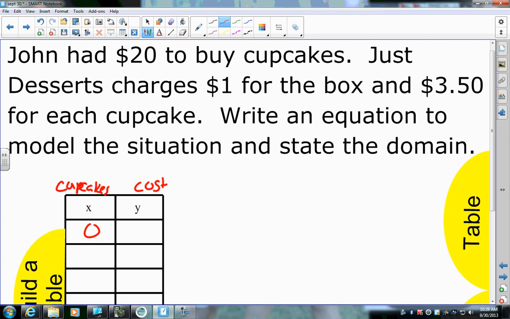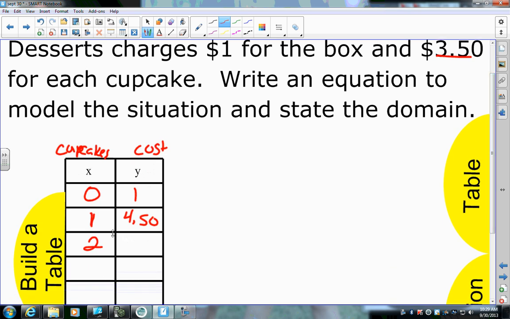So 0 cupcakes. If I buy nothing, I could just go in there and buy the box, and the box is $1. 1 cupcake, I still have to pay for the box, and then it's $3.50 for that cupcake, so that would be $4.50. 2 cupcakes, that means I've got to go up by $3.50 again.